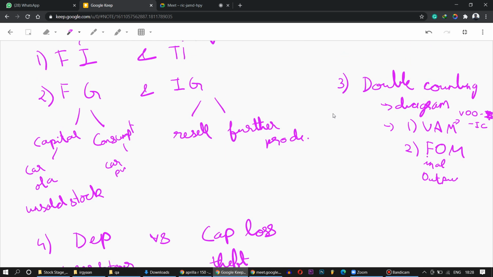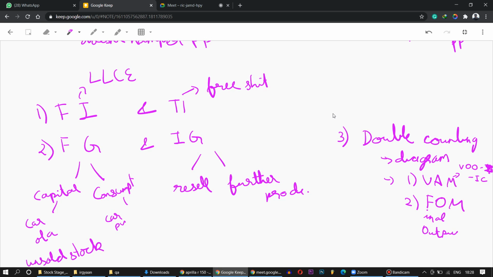And also these two things, transfer income and intermediate goods, are not counted in your national income and domestic income. These two are not counted. These two are counted.